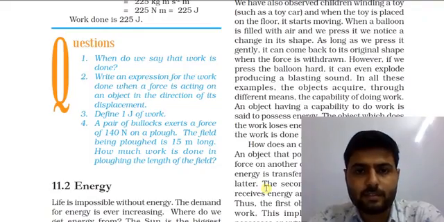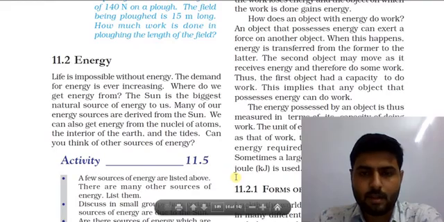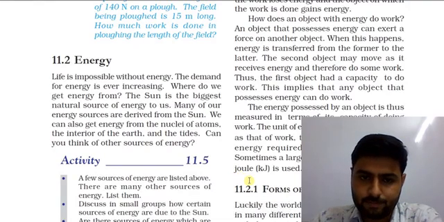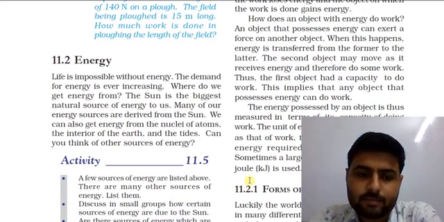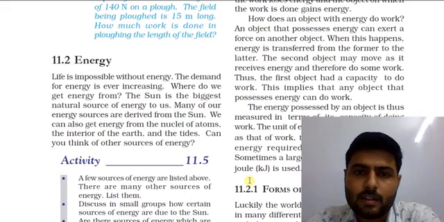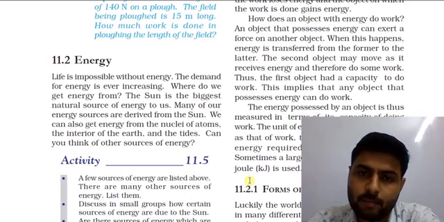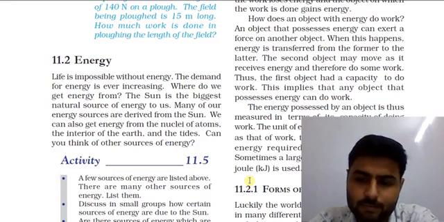After that, we saw what is energy, definition of energy, SI unit of energy, and we concluded that the SI unit of energy and work is the same because energy is nothing but the capability of doing work.